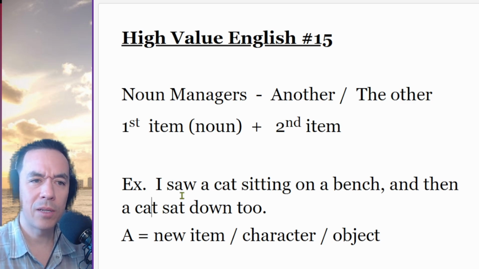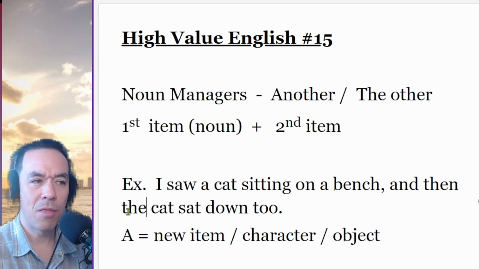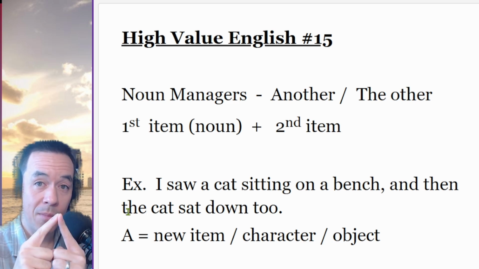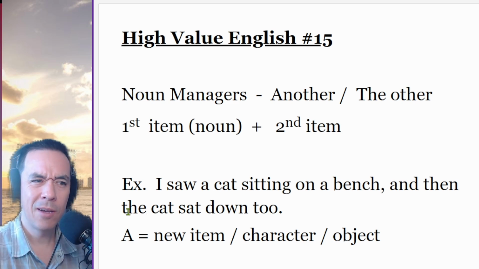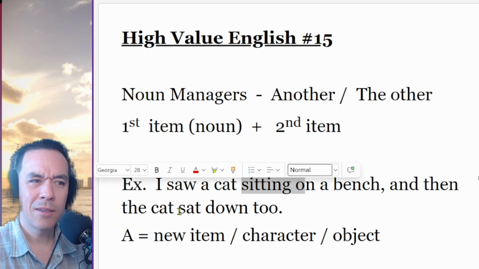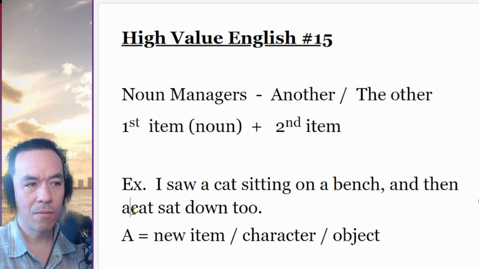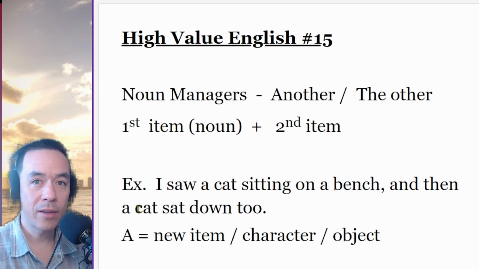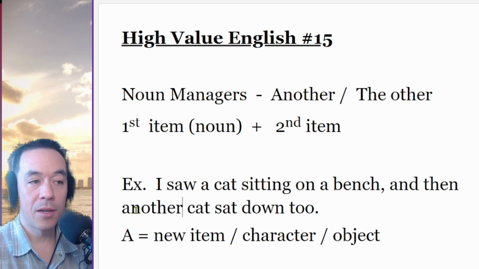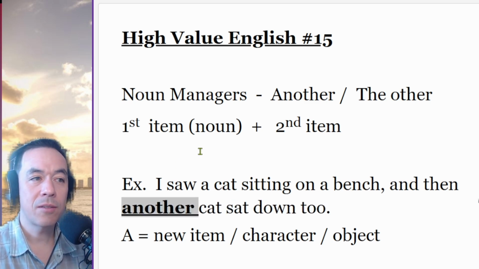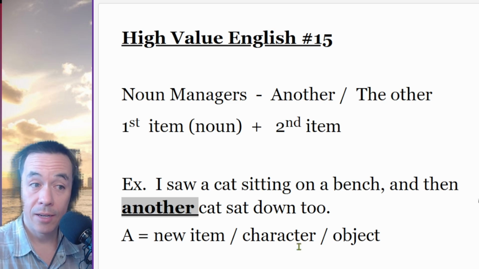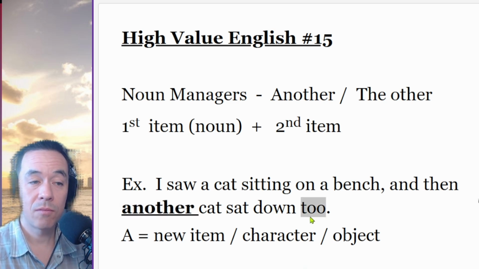Wait, do you mean the cat, meaning the same one? Meaning there's only one? But you said it's already sitting, so now it's confusing. Is it one cat sitting? But no, I mean there are two. But if it's new, we say another cat. So then, another cat sat down too.